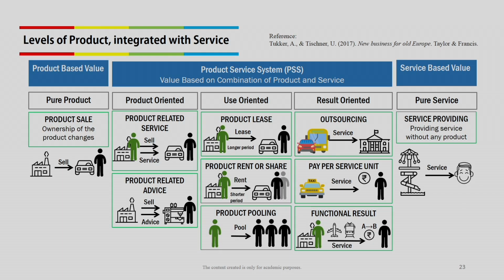Next level is functional result. So, in this category you are going from point A to point B and you are not thinking about how you are going. The service provider will take you from point A to point B. It may be train, it may be aeroplane, it may be bus, anything. Okay.